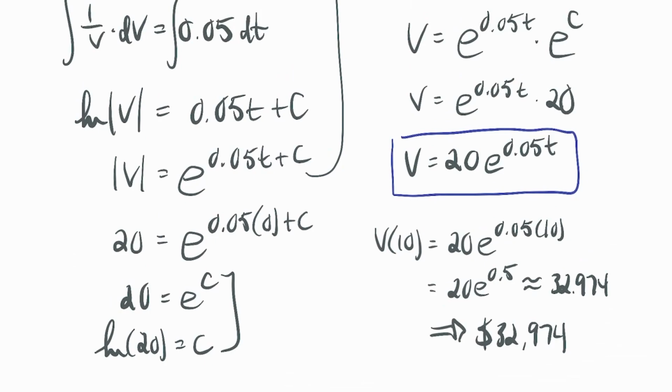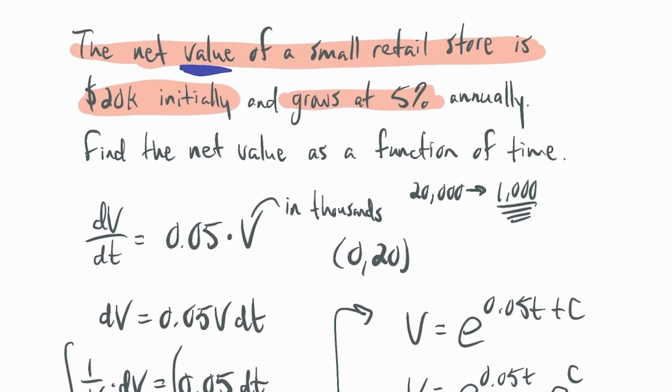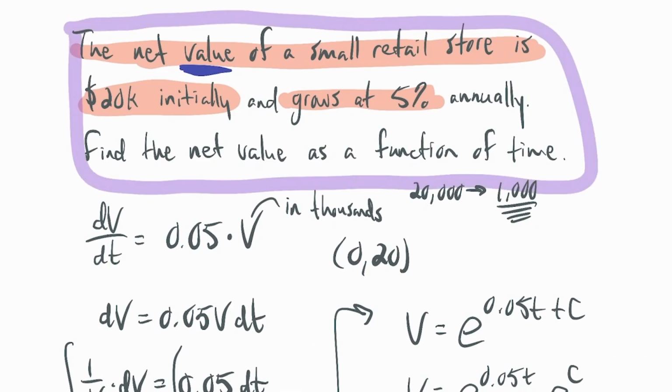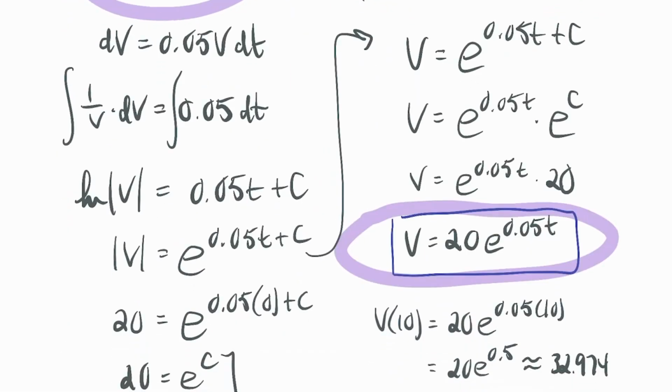So the point is we were able to take a description of the behavior of a function on a year-to-year basis, like the initial value, the value of the company at the beginning, and then what the growth is like year to year. We can turn that into a differential equation, and then turn that differential equation into a function that tells us what the value is going to be in 10 years, 20 years, 30 years.